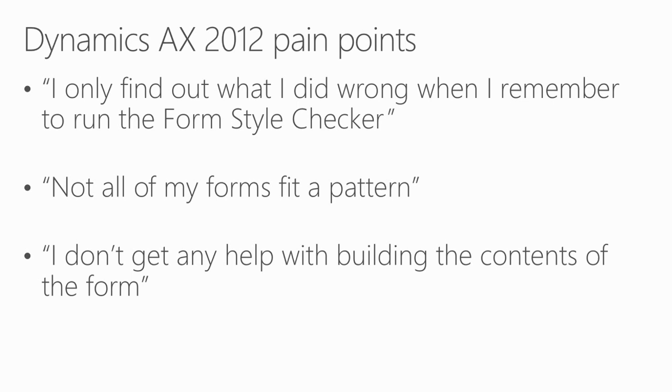So what we did was we took the form templates and the form style checker, we evolved those and integrated them into the development environment. So now you don't have to run it optionally. That stuff is going to be outputted to you immediately as you're building the form. We've added a lot more form patterns, so there are a lot more templates or patterns for you to apply to your forms.